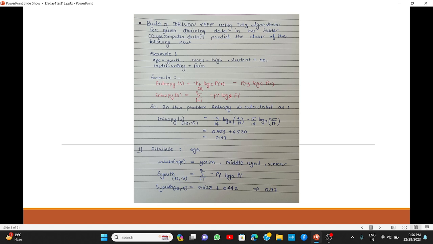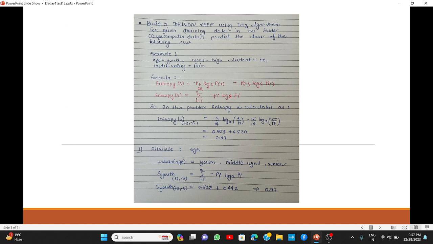minus 9 divided by 14, the proportion of positive examples, times log to the base 2, minus the proportion of negative examples times log to the base 2, which is equivalent to 0.94. Now we need to find the possible values for age. The values of age are youth, middle and senior.